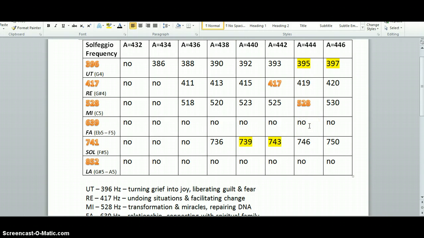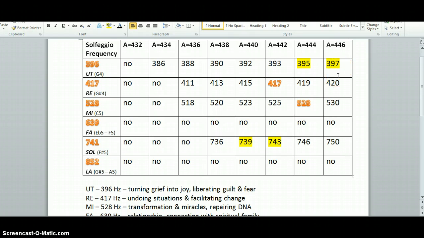The 639, no. The 741, it'll be enough difference that you would probably notice it, but it's not a lot. So these are going to be close, but they're not exact. Then if you go to A446, the closest one is going to be the 396.